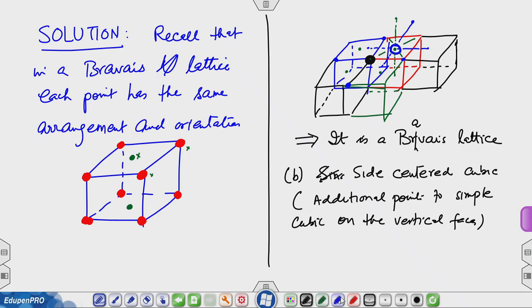So, I have this simple cubic cell, I have the points at the corners, and additionally I have these points on the side faces, and we want to know whether this is a Bravais lattice or not.